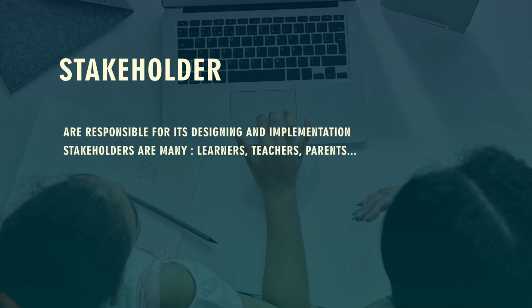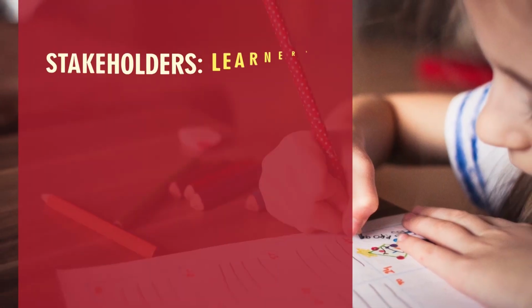They are responsible for designing and implementation. There are many stakeholders for the curriculum, like the learners, the teachers, the parents, the community, the government, and the society per se.